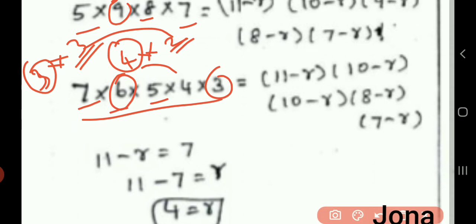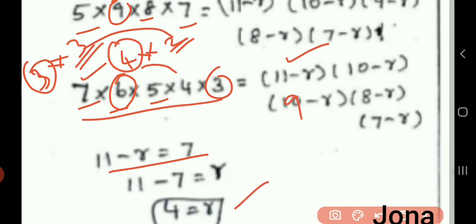On the right hand side we have (11 minus r) into (10 minus r) into (9 minus r) into (8 minus r) into (7 minus r). Both sides have decreasing orders only, so I want to equate each factor. I can equate this 11 minus r to 7. So 11 minus r equal to 7, and from this I can get the value of r.